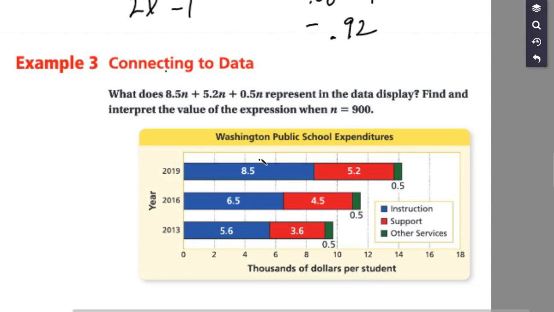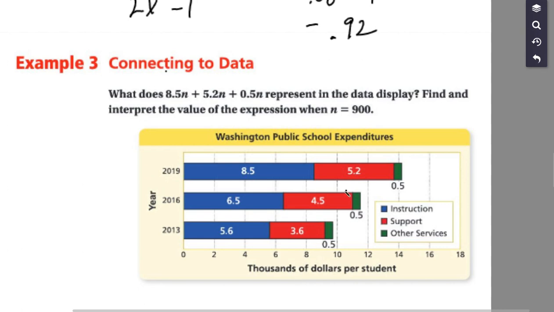So this is from the Washington Public School expenditures, and we have some years on the side over here. And this down here tells us that this is a scale of thousands of dollars per student that was spent.